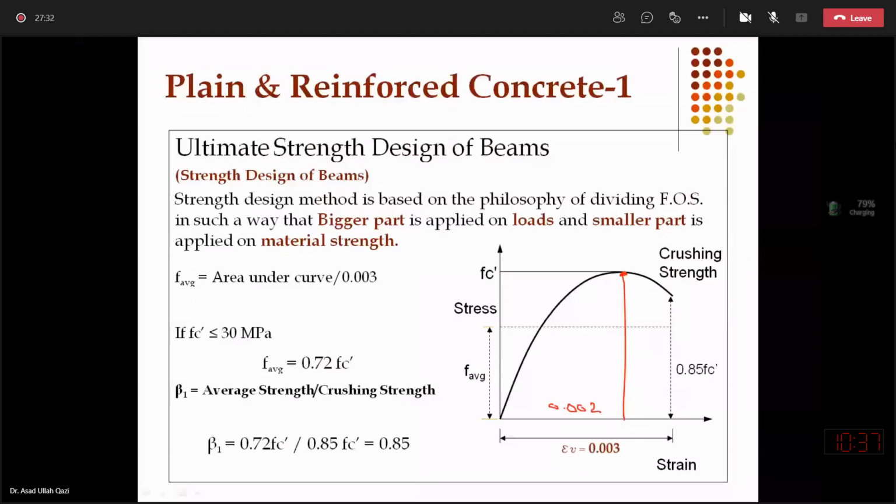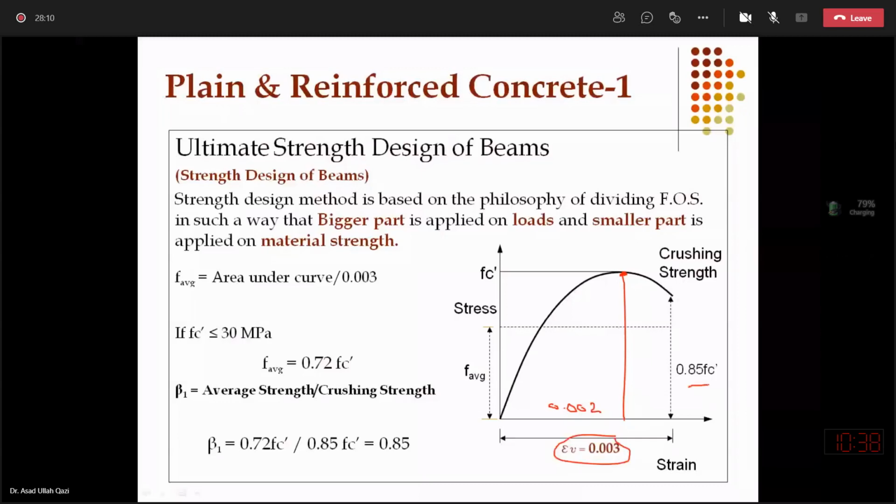Once it approaches 85% of its peak, concrete is normally declared crushed, because the crack has widened and no more resistance will be offered. Corresponding to this, ACI limits the strain to 0.003, at 85% of the peak strength.